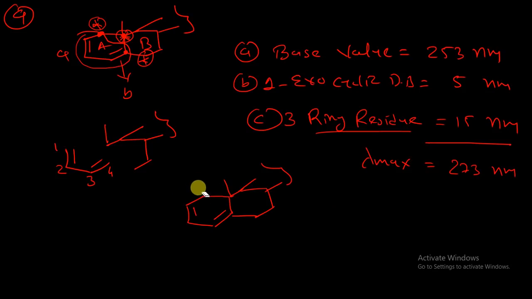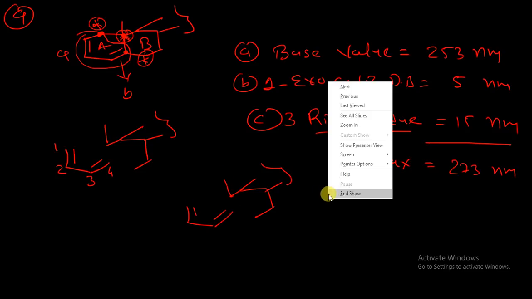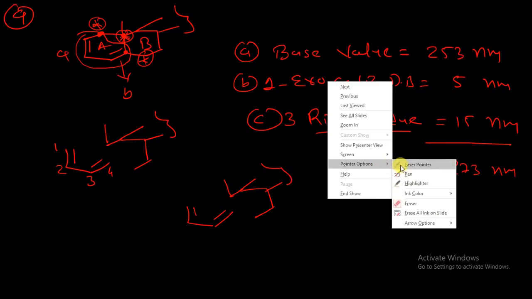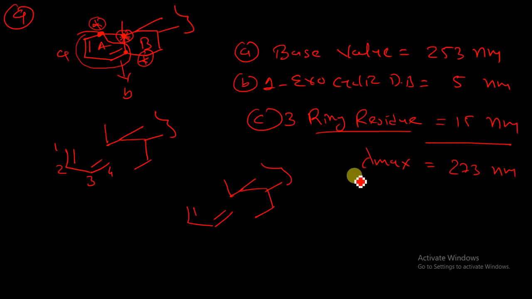This one carbon atom is attached with this carbon atom, so I am cutting down over here. This is the 4th carbon atom, it is attached with this carbon atom, and the 4th carbon atom is also attached with this carbon atom. So I am cutting down this way, 1, this is my second one, this is my third one. So I have to write a 3 ring residue for this system, that is 273 nanometer.